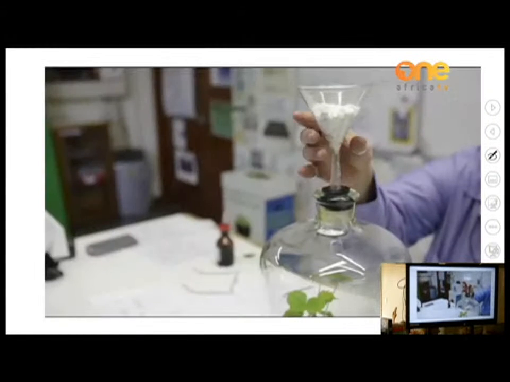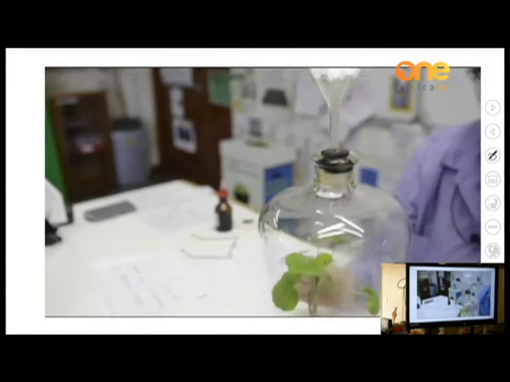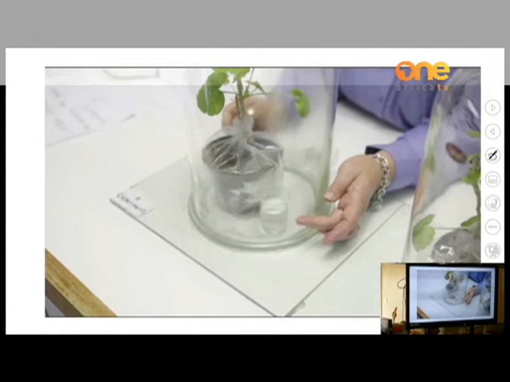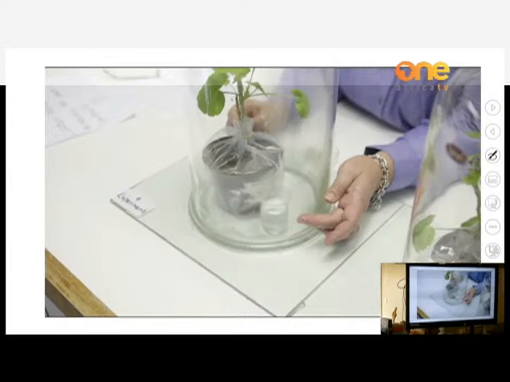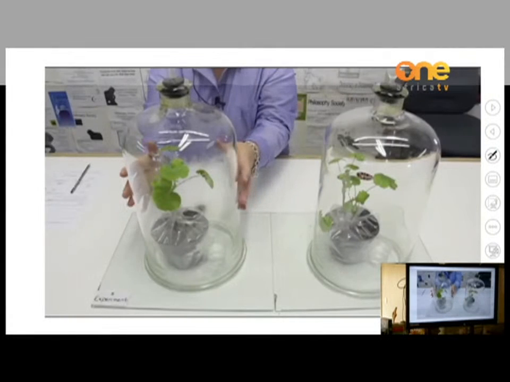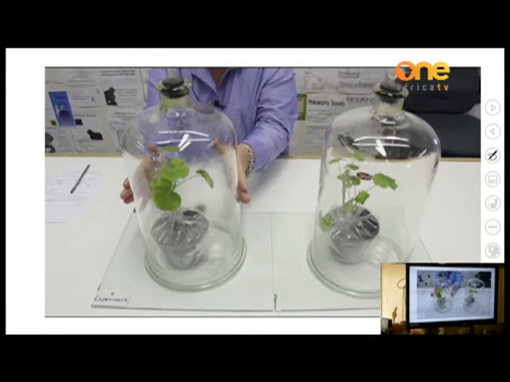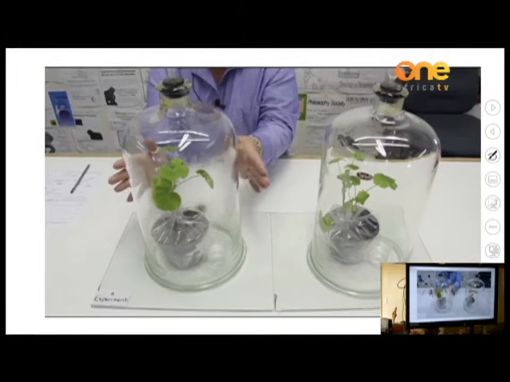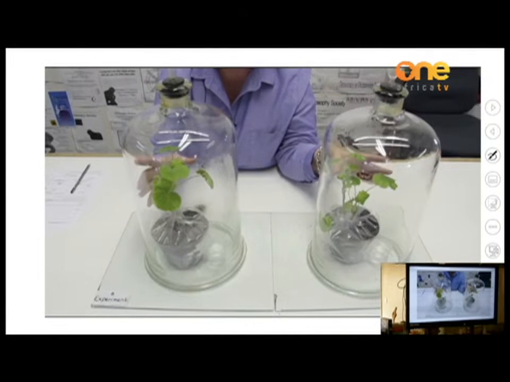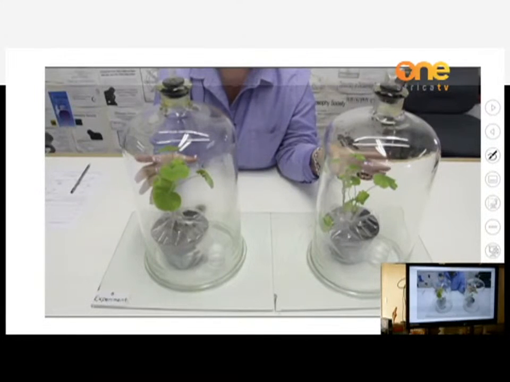On the other side, we have the experiment. In the funnel, we have normal chalk, and then inside the bell jar, it has water. The little beaker has water, but it could also contain calcium carbonate so that we do have carbon dioxide available so that this plant can indeed photosynthesize.